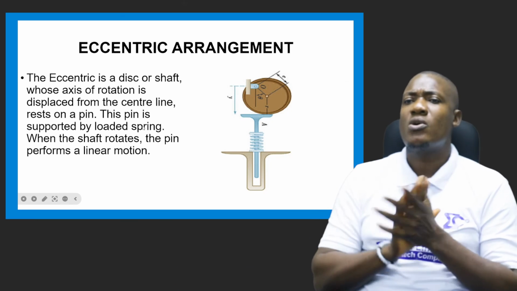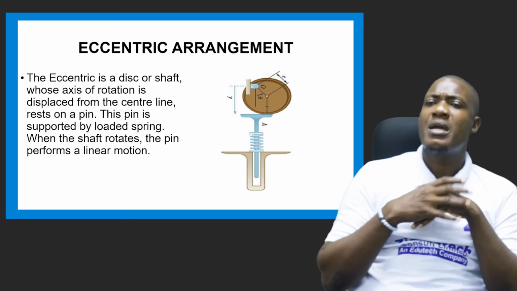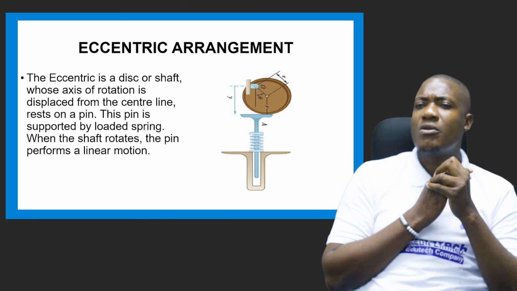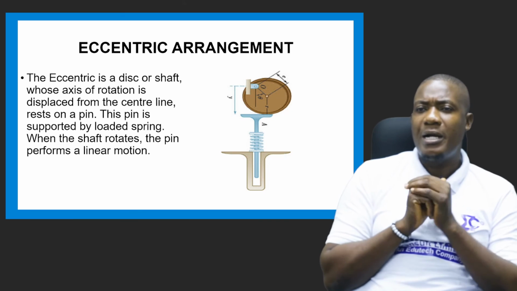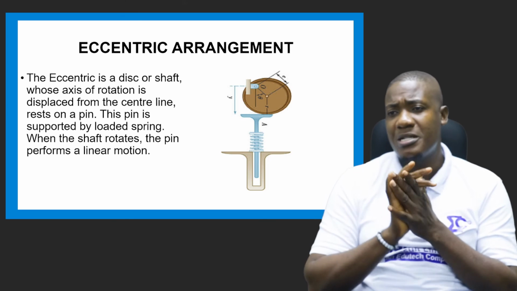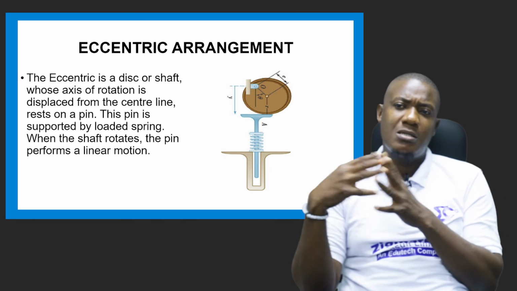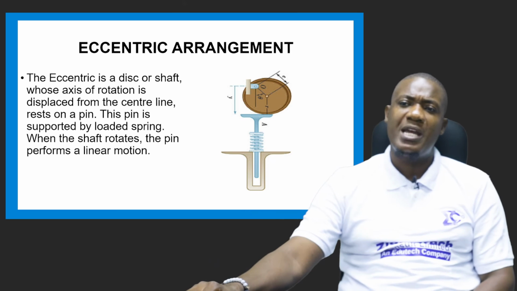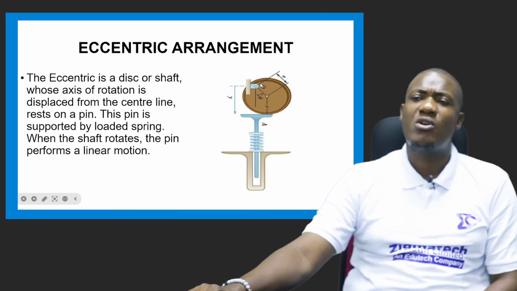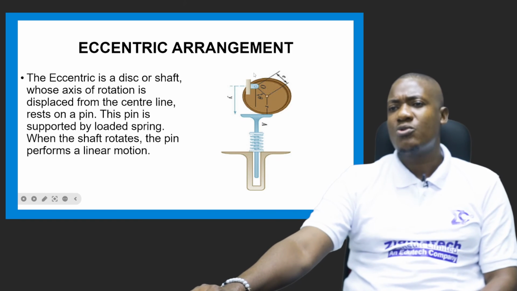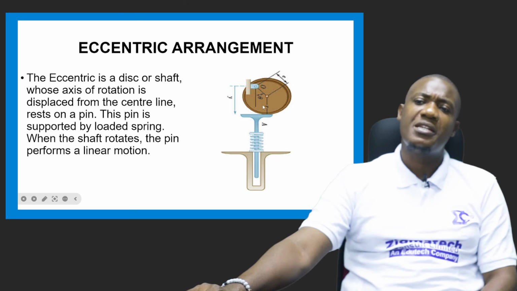Okay, so we also have another way rotary motion can be converted into linear motion, by eccentric arrangement. Eccentric arrangement is more like the cam arrangement. In this way, we have a disc or a shaft rotating on a pin.